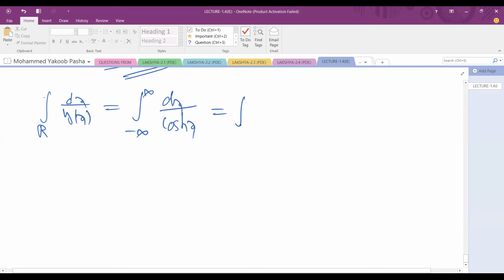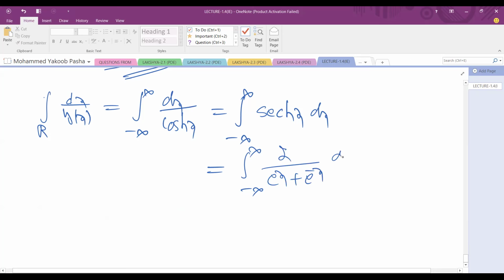So this is equal to the integral from minus infinity to plus infinity of sec hx dx. Sec hx is nothing but 2 by e power x plus e power minus x, into dx.